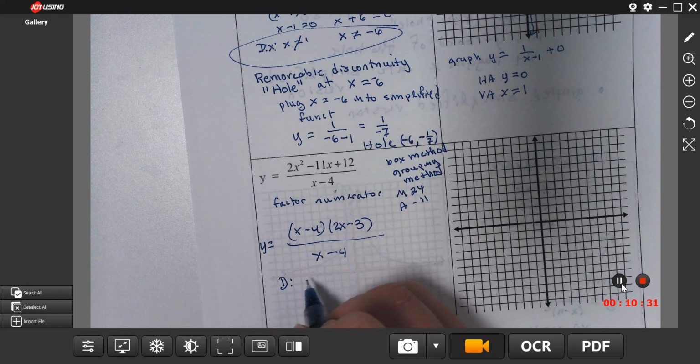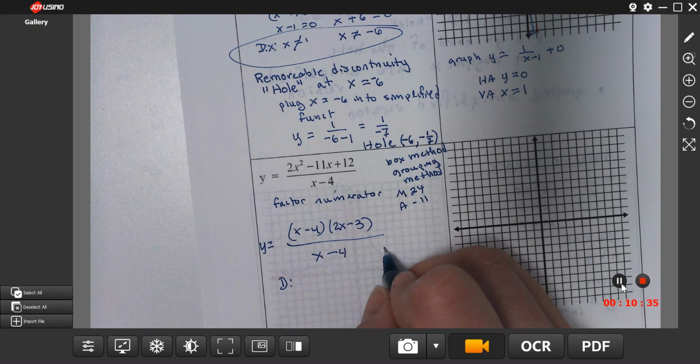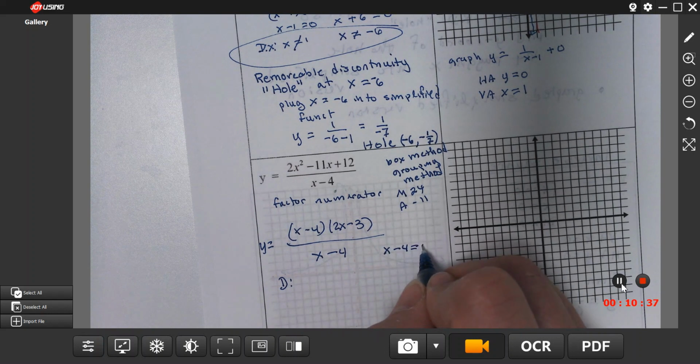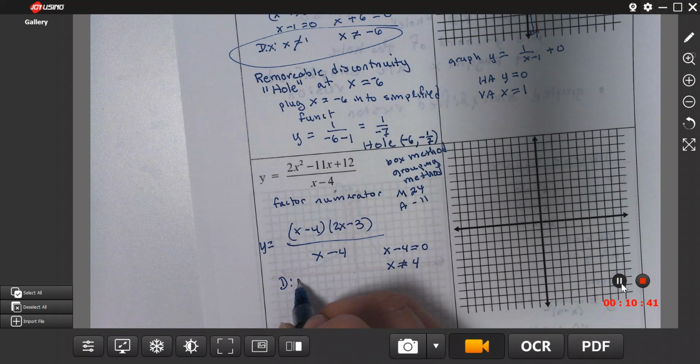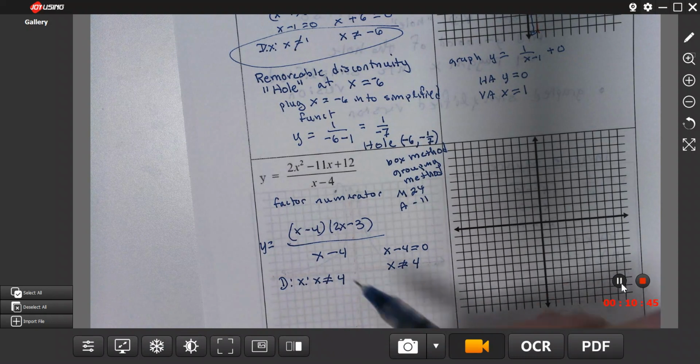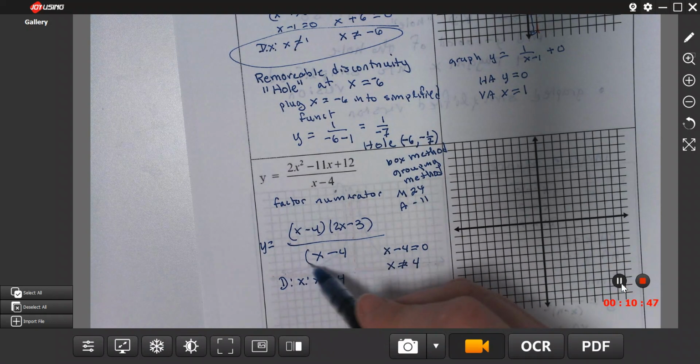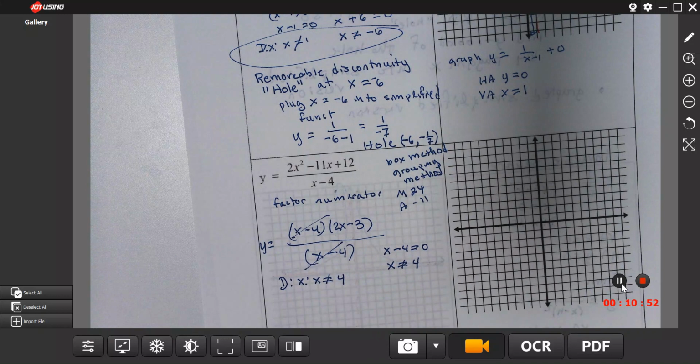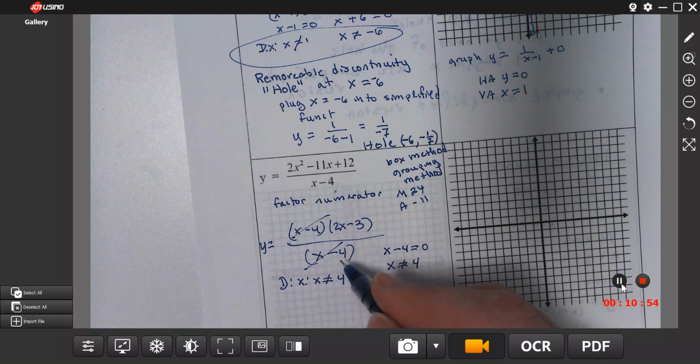So let's talk about domain. Anytime the denominator equals 0, that is something that's excluded from the domain. So let's set the denominator equal to 0, and that tells me that x cannot be 4. So the domain is x such that x is not 4. And now let's look, does this simplify? I have a factor of x minus 4 in the numerator and the same factor in the denominator.